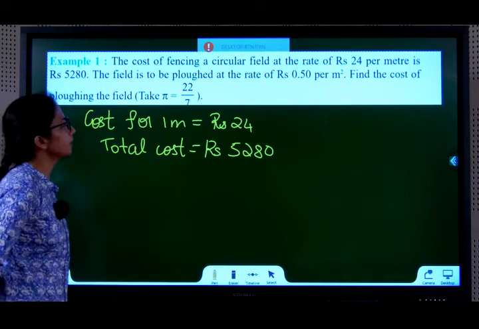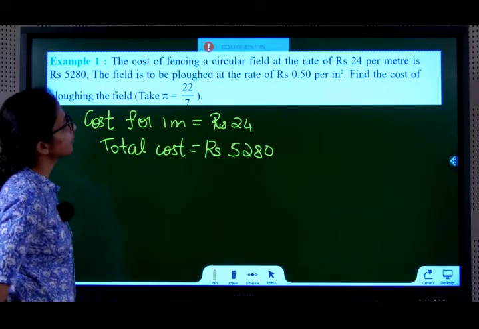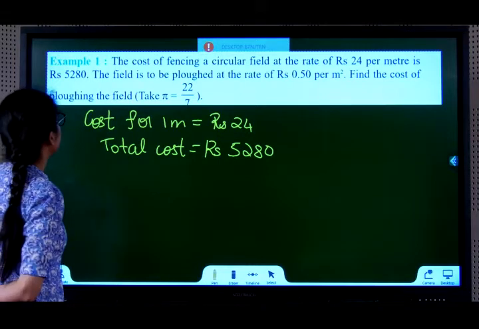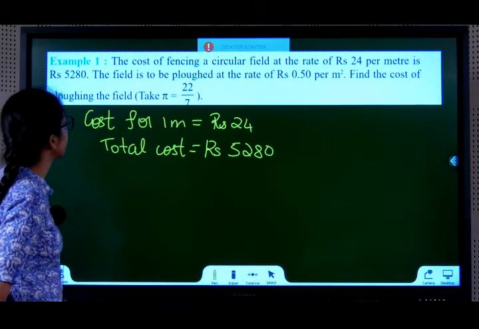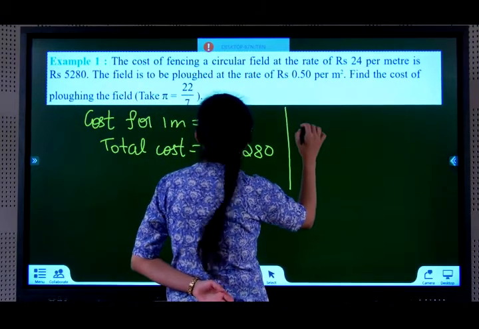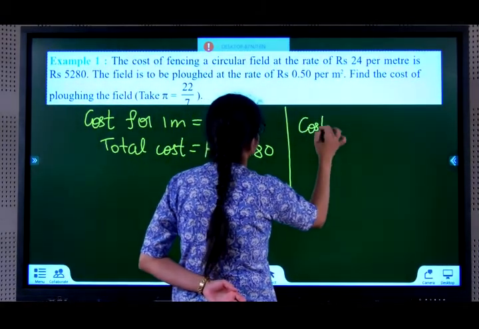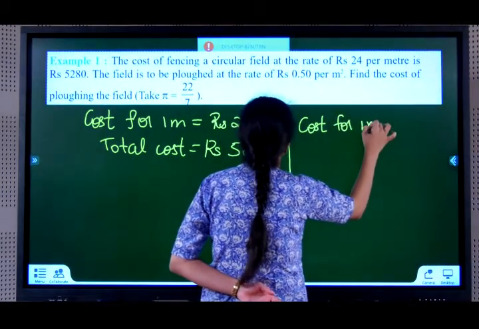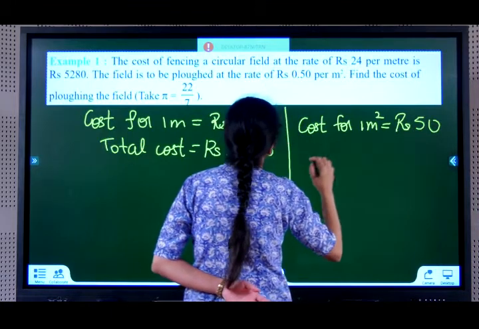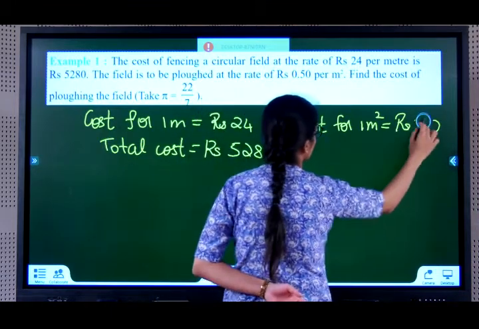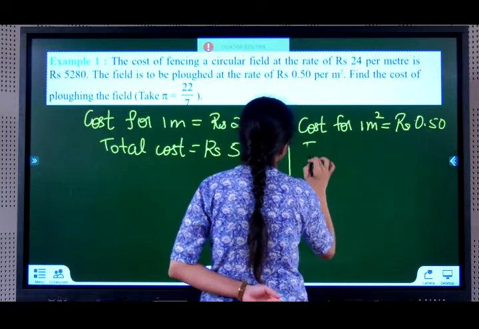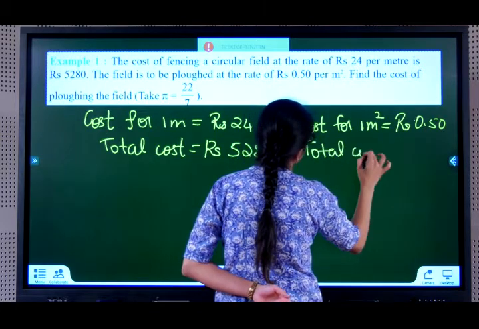The field is to be ploughed at the rate of 0.50 per meter square. Find the cost of ploughing the field. For 1 meter square, ploughing cost is rupees 0.50. You have to find total cost for ploughing.